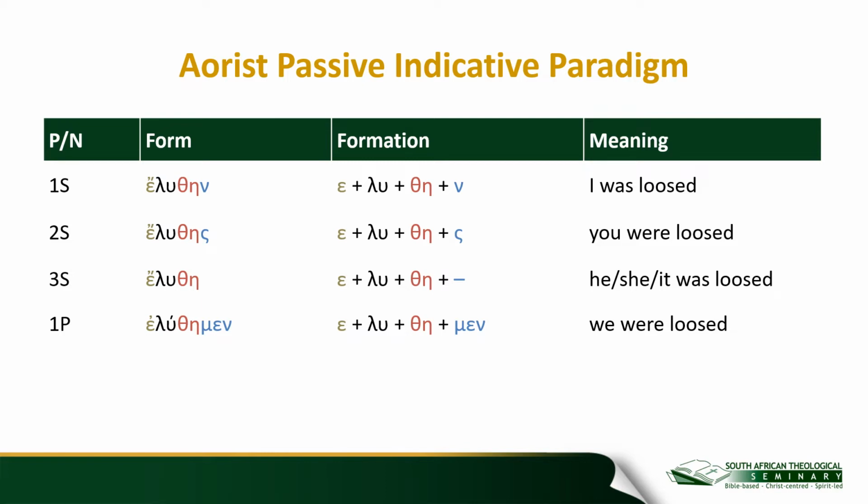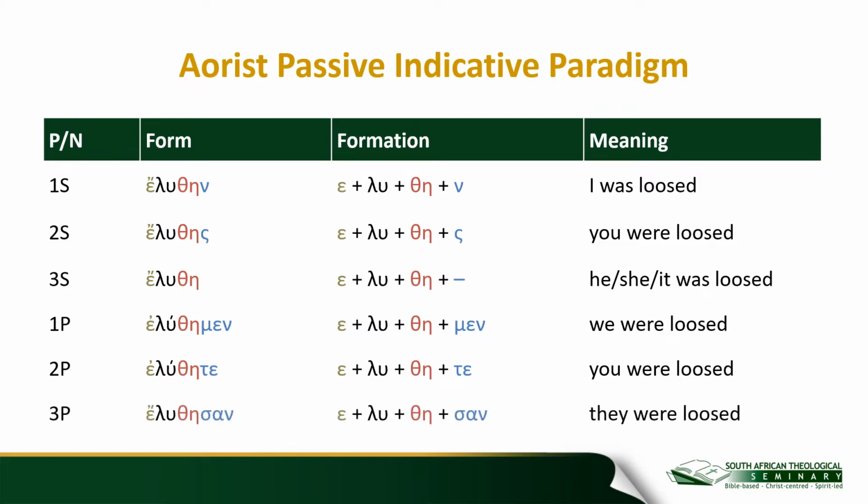The two plural, ἐλύθητε, from the augment epsilon, tense stem λυ, tense formative θη, and personal ending τε, you were loosed. And the three plural ἐλύθησαν, from the augment epsilon, tense stem λυ, tense formative θη, and personal ending σαν, they were loosed.